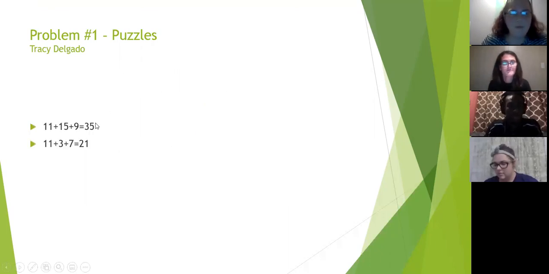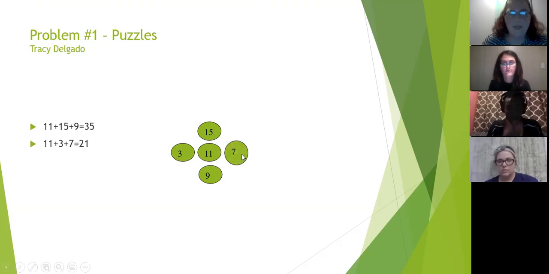The next one, oh shoot, I cannot see mine. I tried 11. I put 11 in the center. I did 11 plus 15 plus 9, and that equals 35 vertically. And horizontally, I did 11 plus 3 plus 7 equals 21.